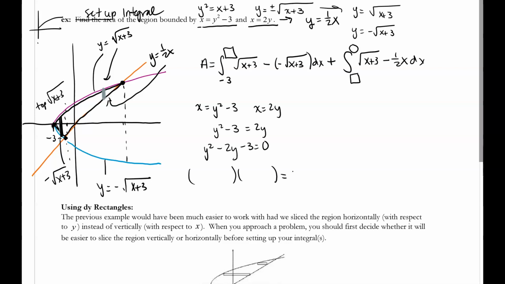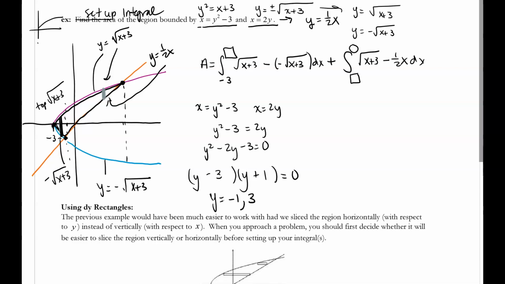This is not my first instinct, but I think it'll work out fine. When we factor, we're wondering what multiplies to -3 and adds to -2. That's got to be a -3 and a +1. So we get that y is equal to -1 and 3 when we apply the zero product property.